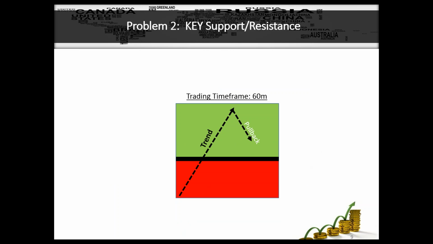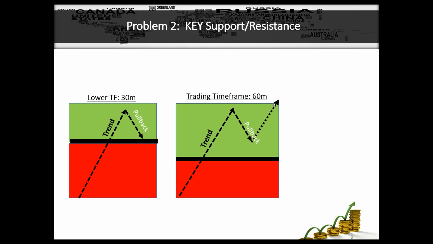The second problem could be where you have a trend here, you recognize this to be a support level. Price really doesn't pull back to that level at all, pulls back somewhere in between in this airspace, stops, and then reverses. Why did it stop there and reverse? If you look to a lower time frame, typically the lower time frame had a support that was higher than your trading time frame.